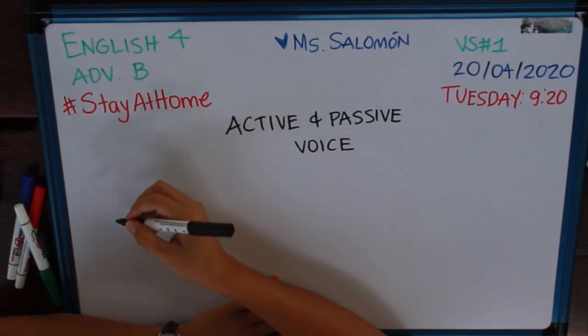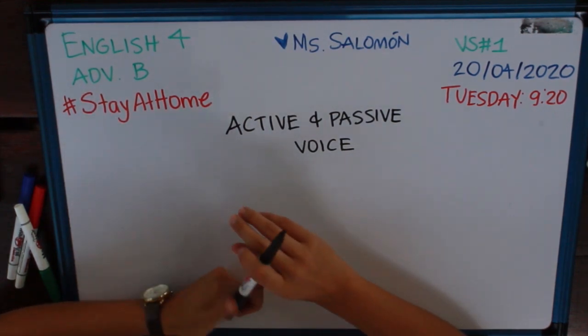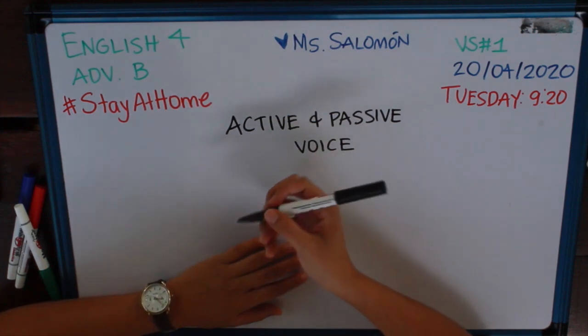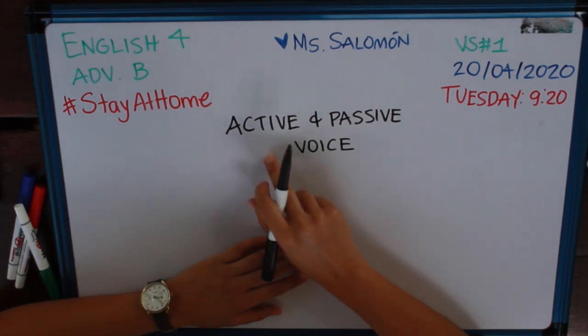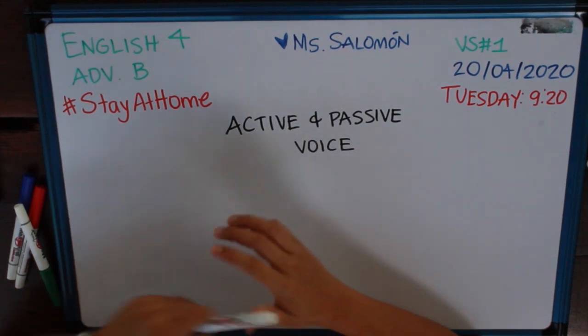So, verbs in English have 5 properties. Today, we will be discussing the property of voice. There are 2 grammatical voices, which are the active voice and the passive voice. Let's start off with the active voice.